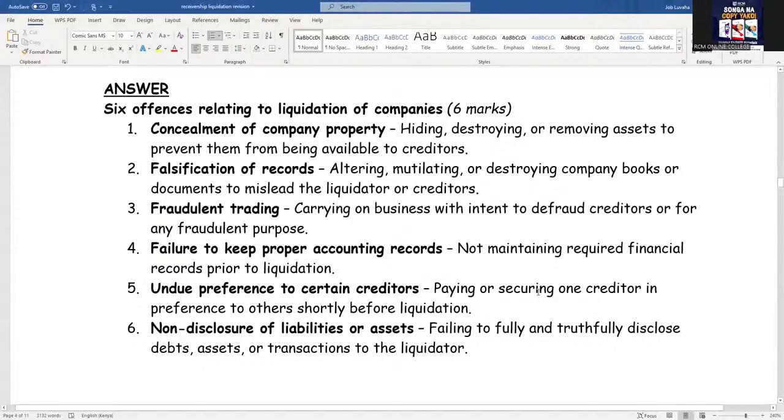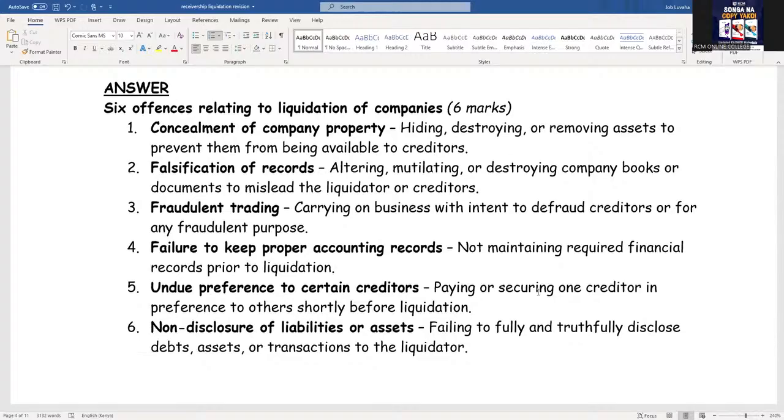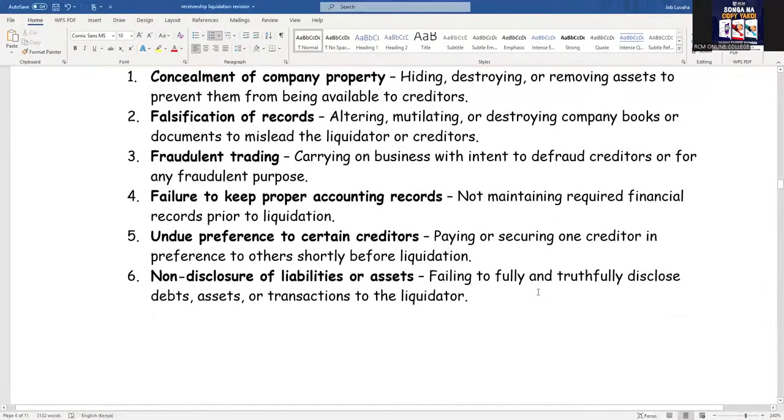It will be an offense because the interest of the key parties, who are the creditors, whose dues are supposed to be settled on liquidation, is not being fulfilled. Therefore, if the parties involved in the liquidation process are involved in this kind of fraudulent trading, then they can end up being liable.